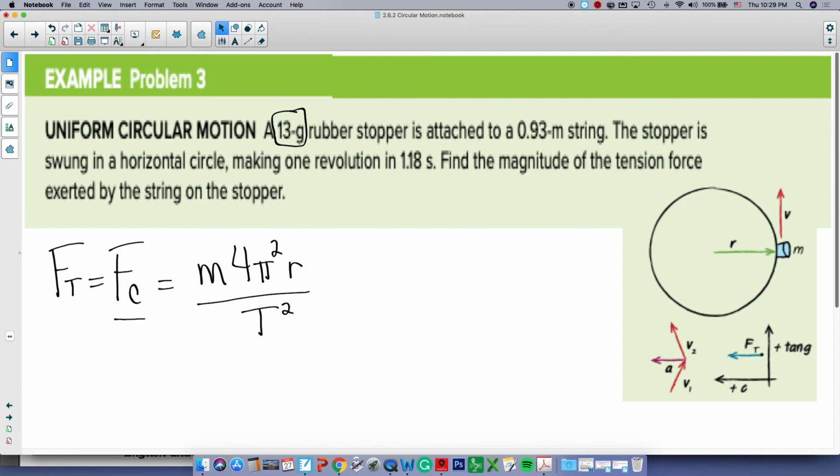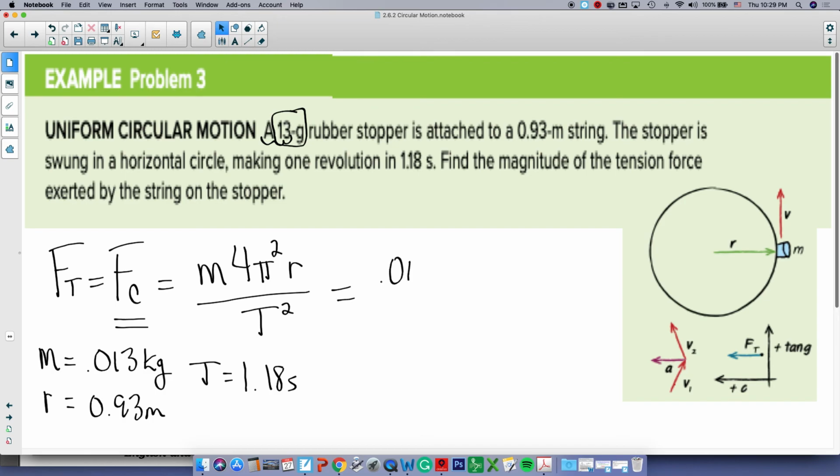If we're working in forces, then we've got to have newtons and meters. So our mass is actually 0.013 kilograms. Our radius, that's just however long the string is, so 0.93 meters. And our period, it tells us that it takes 1.18 seconds per revolution. Got enough stuff, just plug it in.